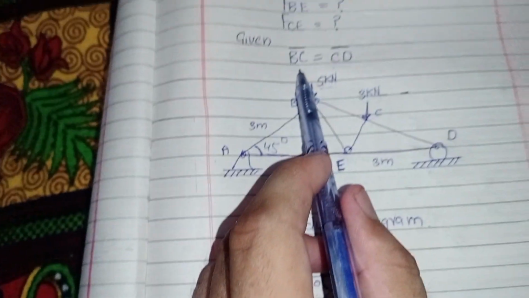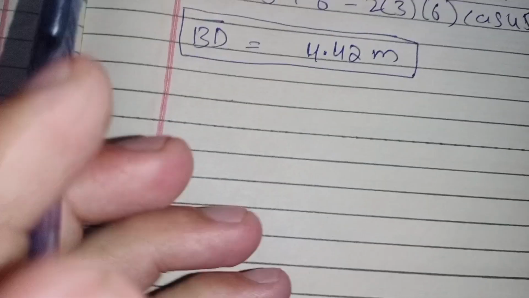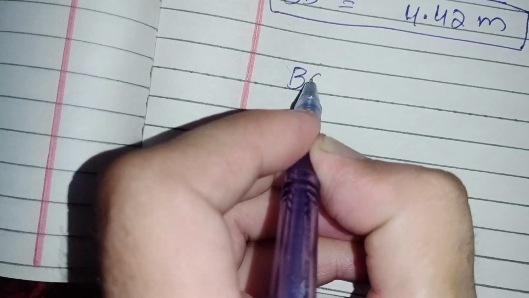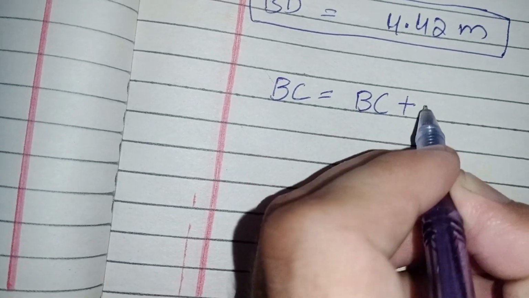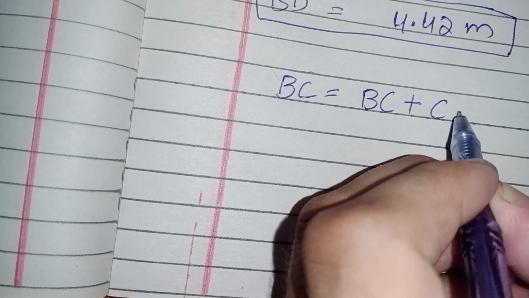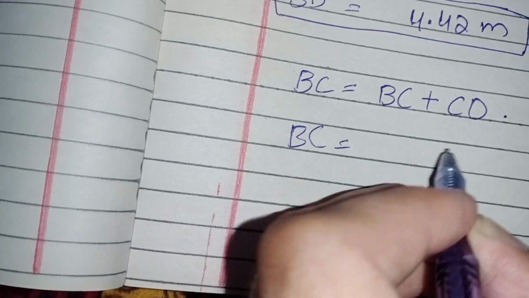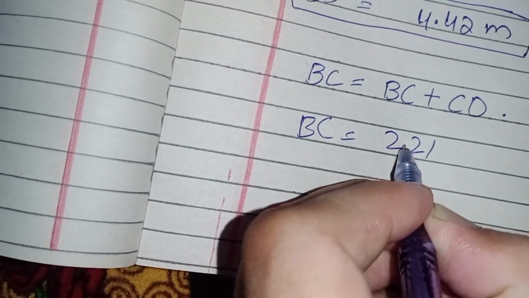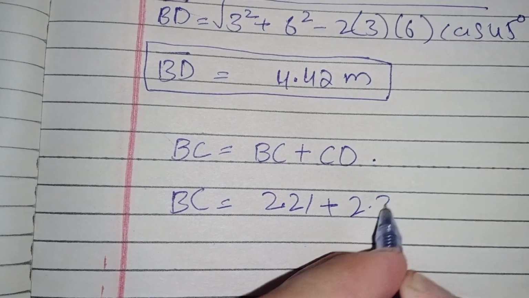BC is given in the question, BC equals CD. So BD equals BC plus CD, and both are equal, so 4.42 divided by 2 is 2.21.